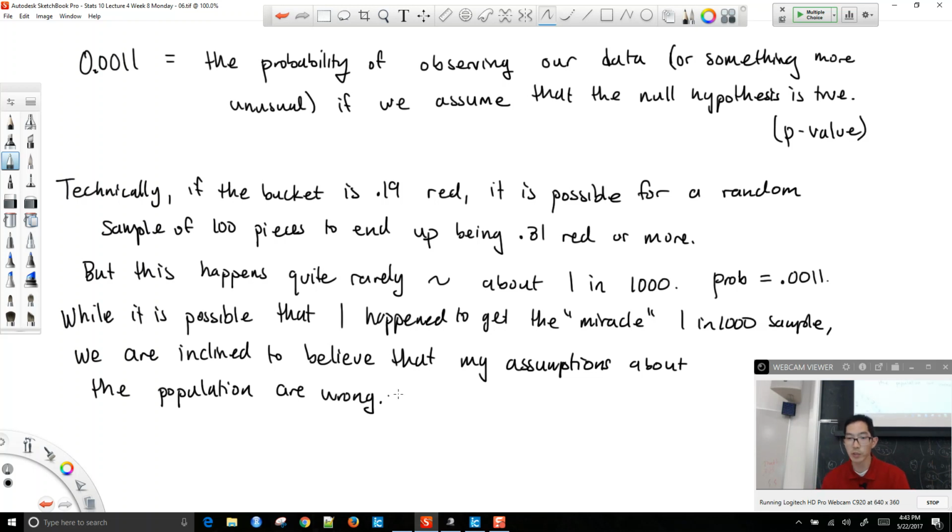So we conclude instead that the population, or the bucket, is not 19% red, but something else.